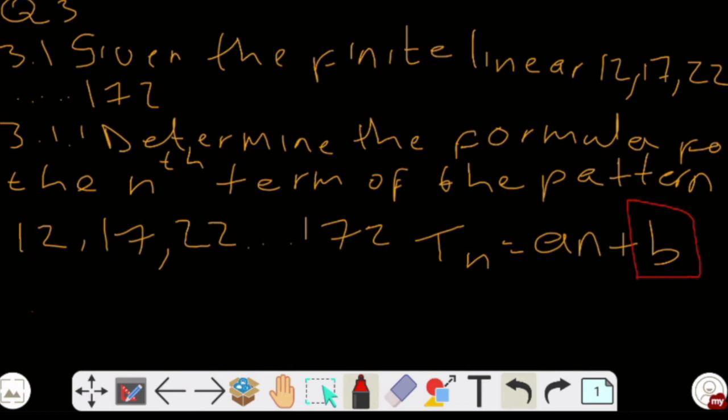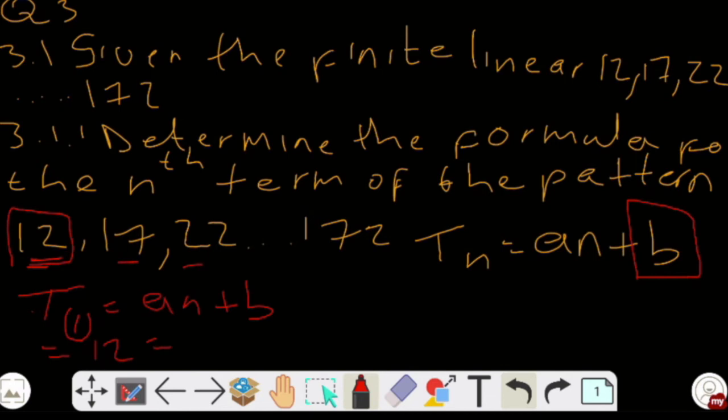You can actually choose any term in your pattern. I'm going to choose term 1 of my pattern and say T1 equals An plus B. Now we know term 1 to be 12.